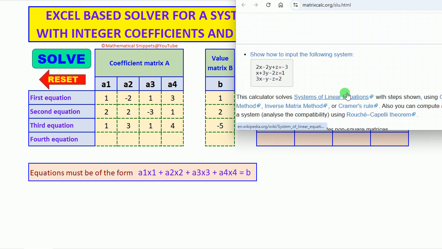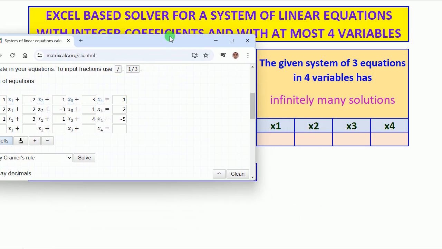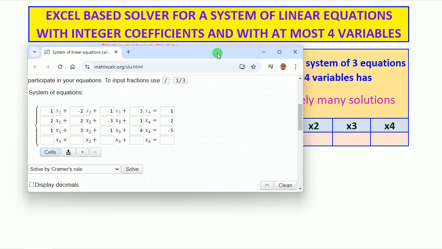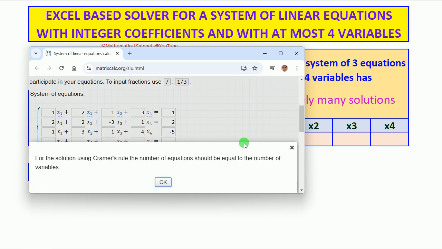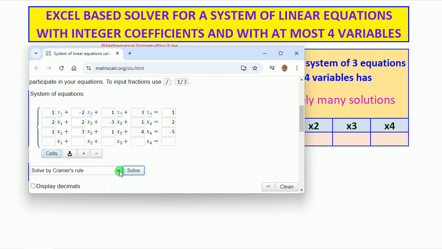All right, let me bring it here. So let us see the solution by Cramer's rule. For the solution using Cramer's rule, the number of equations should be equal to the number of variables. So it is not applicable. So what about the other rules?